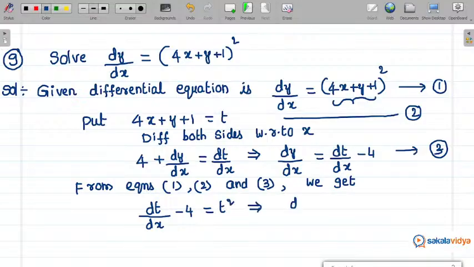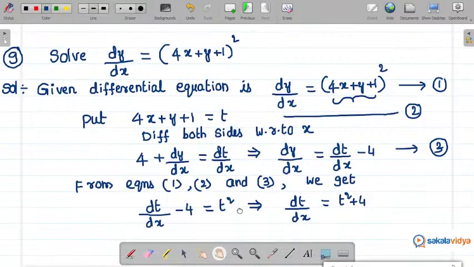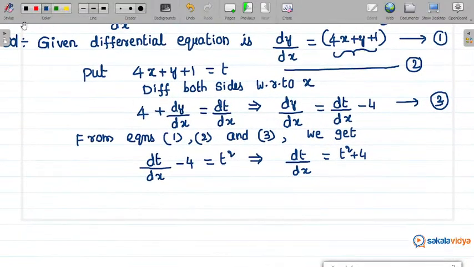So, this can be written as dt by dx equals t square plus 4, that is all. Now, easily we can separate the variables. Here dt by t square plus 4 is equal to dx. So, that means now, separating the variables, we can write dt by t square plus 4 equal to dx.